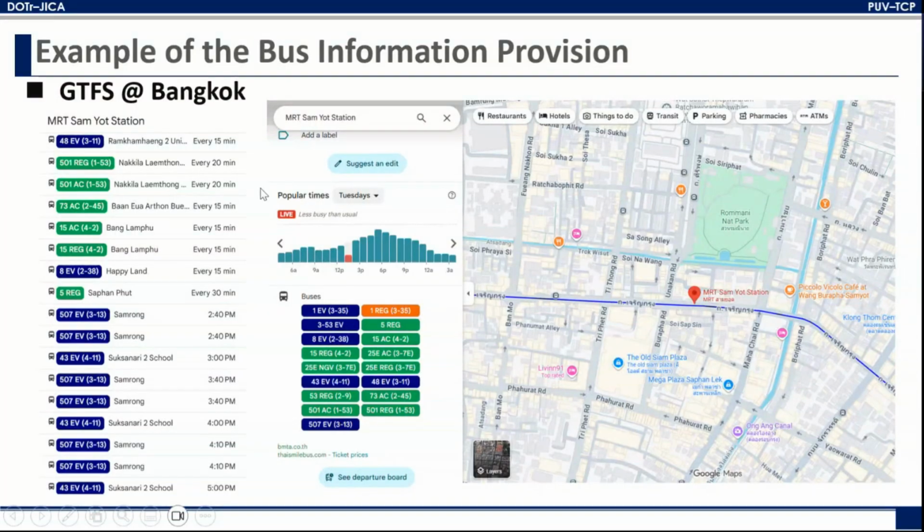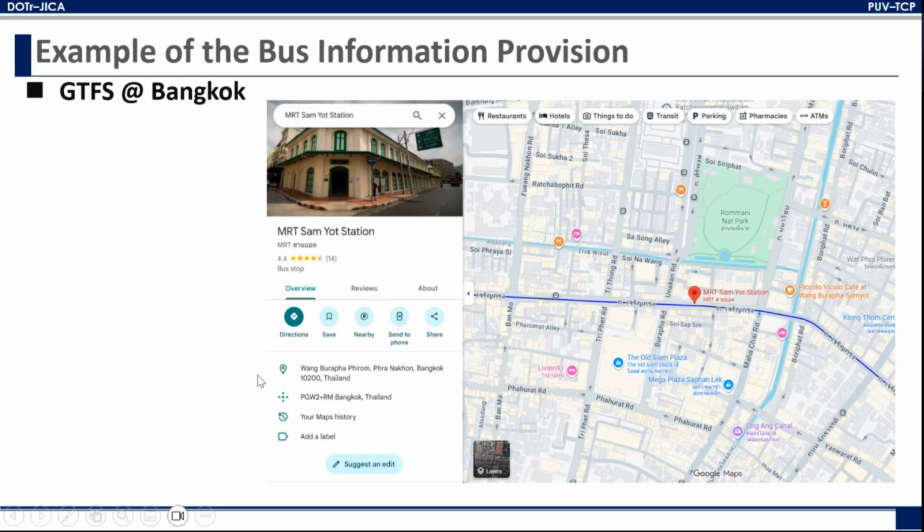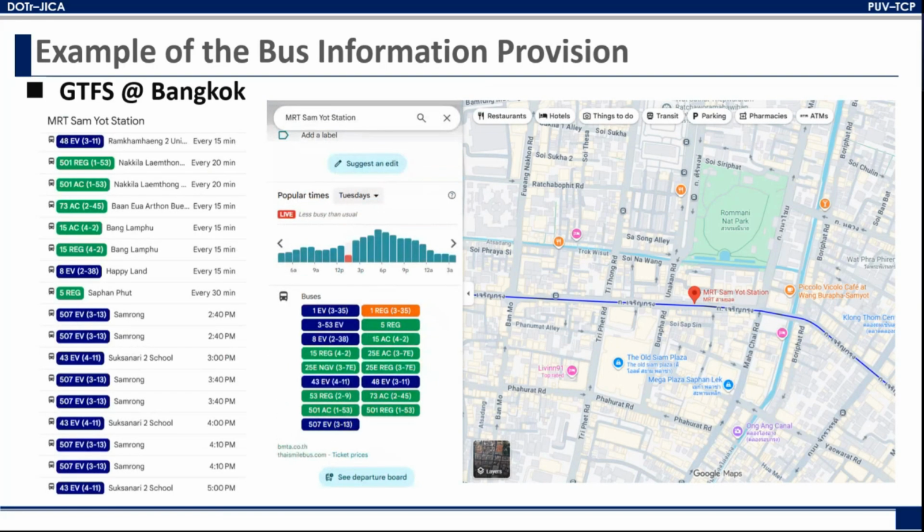Such frequency information is shown in tables, and a side showing specific arrival times is also displayed.